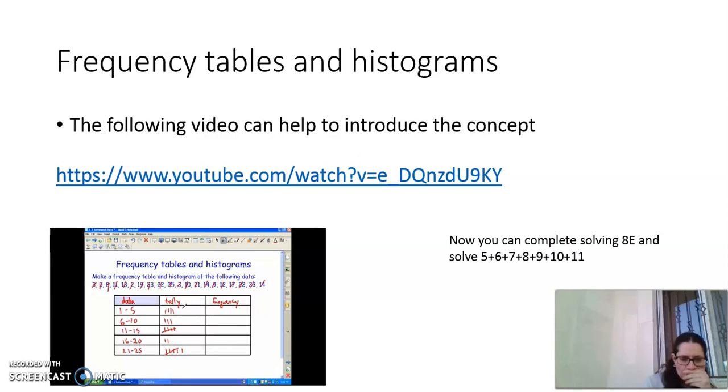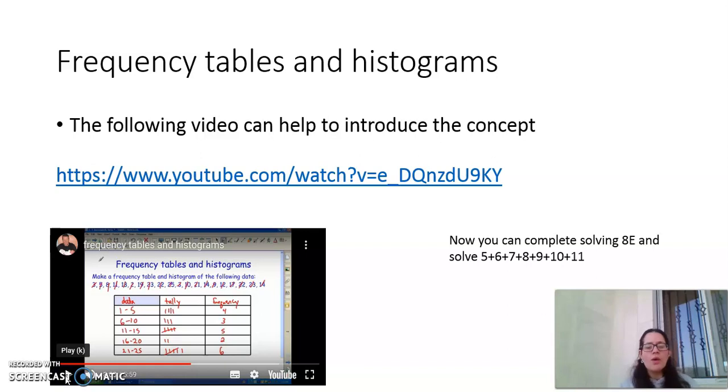So then for my frequency, all I do is write what the tally is as a number. So that is 4, 3 in that interval, 5 in this interval, 2 in that one, and 6 in the last interval. Now, 1 to 5 means 1, 2, 3, 4, 5. So if I have any of these 5 numbers, I'm going to put a mark on the first group.